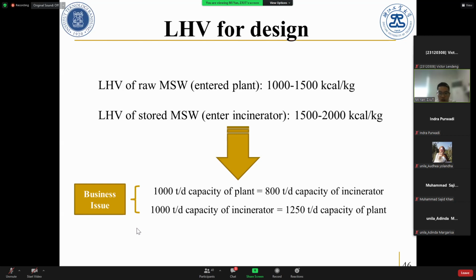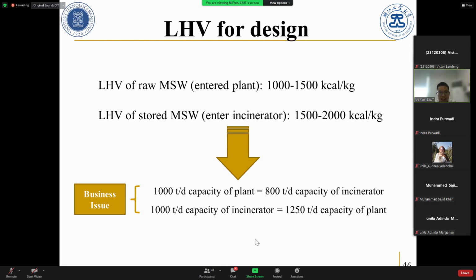So the business issue becomes like this: a plant capacity of 1,000 ton per day, but actually the incinerator is only 800 ton per day. And if the incinerator capacity is 1,000 ton per day, the real plant is roughly 1,250 ton per day. So sometimes they just tell you the capacity is 800 or 1,000. You have to identify what the capacity refers to, the plant or the incinerator.